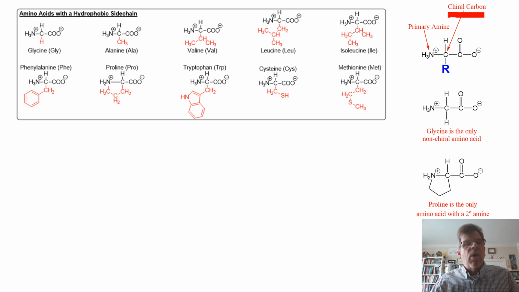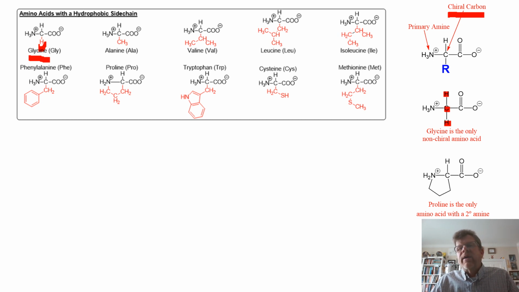Glycine, over here on the upper left-hand side, has a lowly hydrogen as its side chain. So if we look over here again on the right, we have a hydrogen here and a hydrogen there emanating from that central alpha carbon. So we have identical environments. Thus, that carbon in the center is not chiral. So glycine is the only non-chiral amino acid.